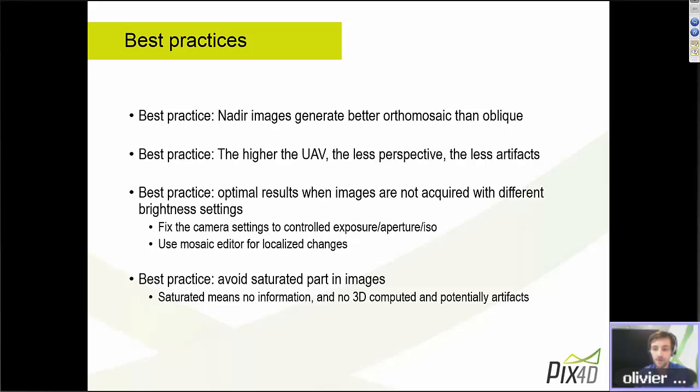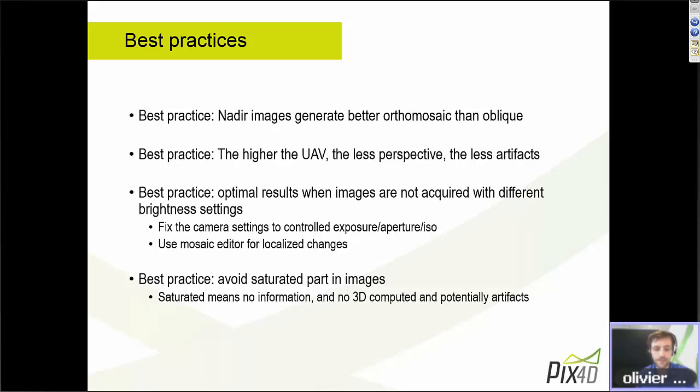By fixing them, you can potentially have all images of equal brightness, and by default, this is always going to work much better than if you have very disparate amounts of brightness. However, if you have some changes that you cannot improve by changing the settings of your camera, or the changes were too big so the software was not able to automatically adjust for them, then you can always use the Mosaic Editor for localized changes.